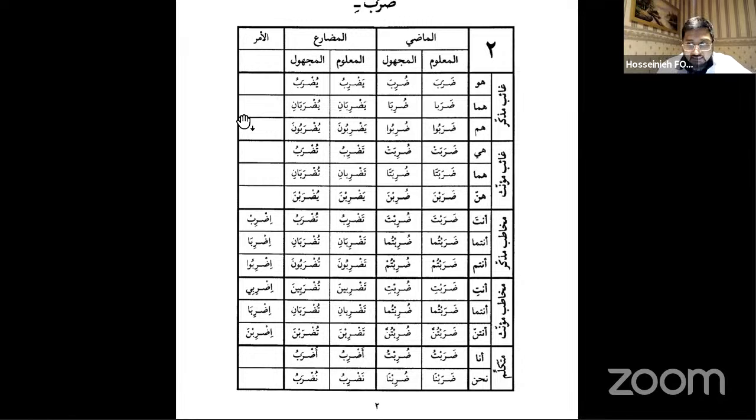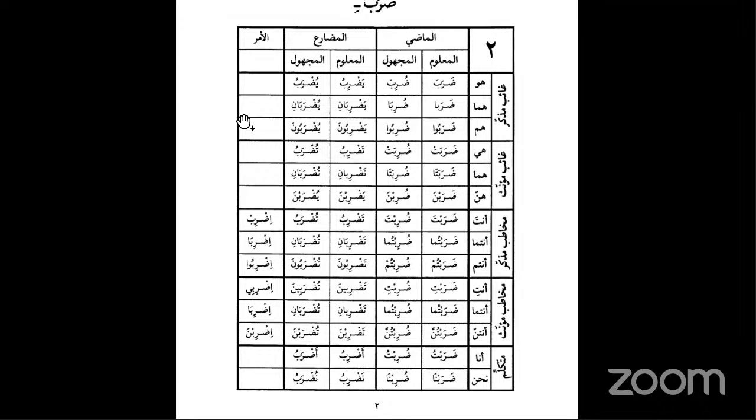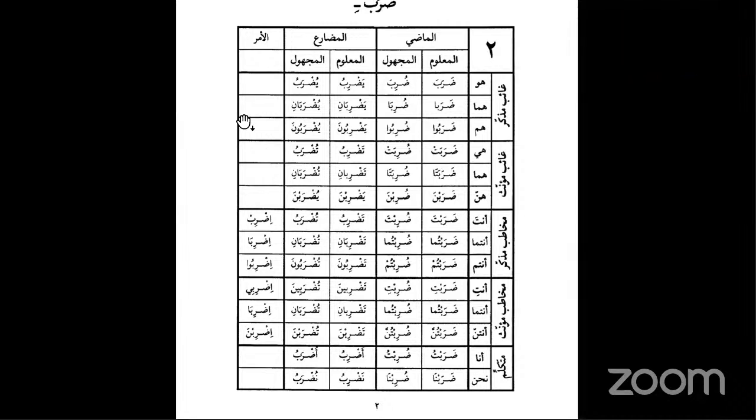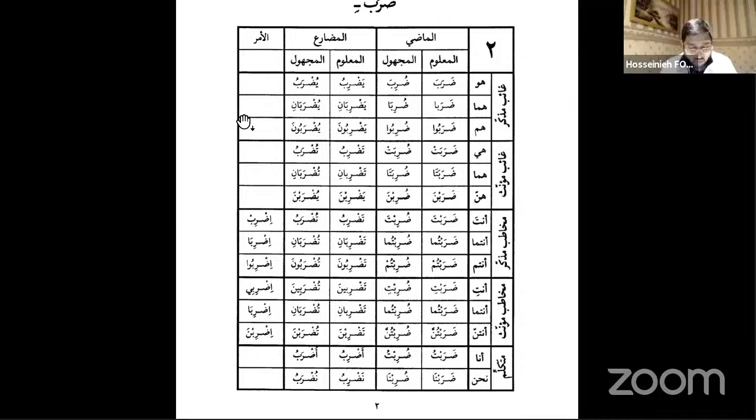The second case for the present tense verb is halatul mansub. Halatul mansub is when the present tense verb gets a fatha at the end. And then the last case is called halatul majzoom.